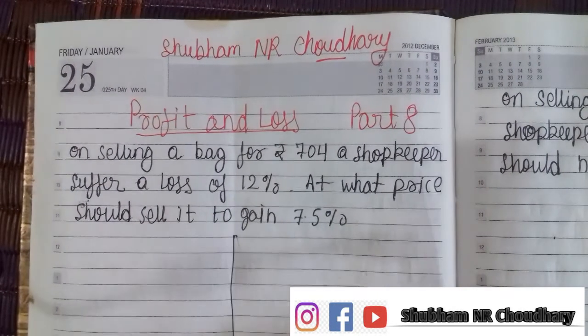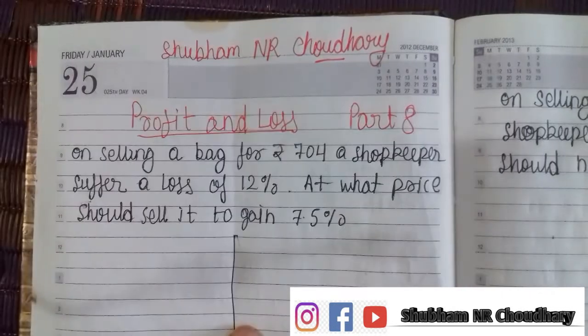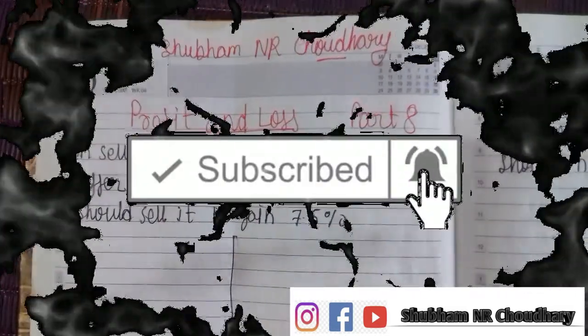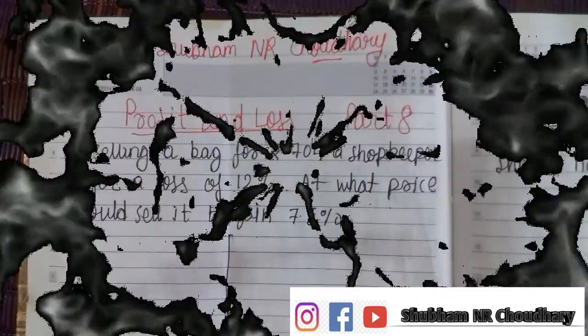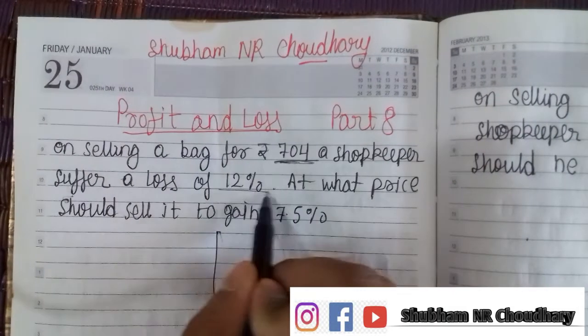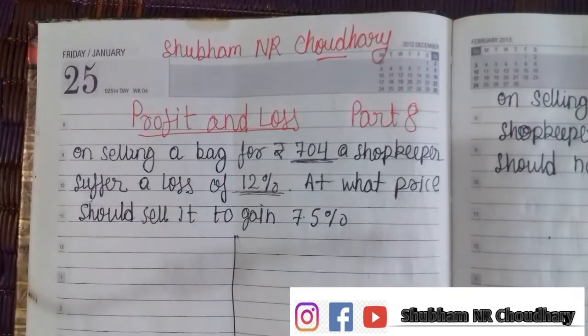On selling a bag for rupees 704, a shopkeeper suffered a loss of 12%. At what price should he sell to gain 7.5%? So the selling price is this. We need to find the CP, cost price.